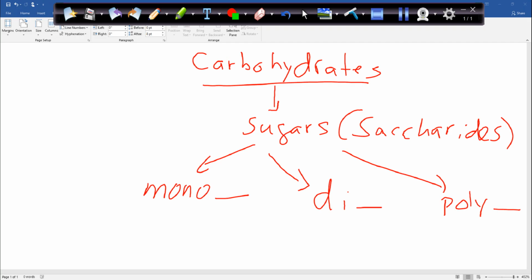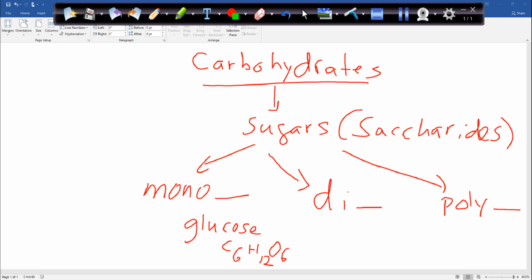Just as an example, I can go through all of this here. One of the most important ones is glucose, C6H12O6. Glucose is a monosaccharide, which is very, very important for blood sugar.